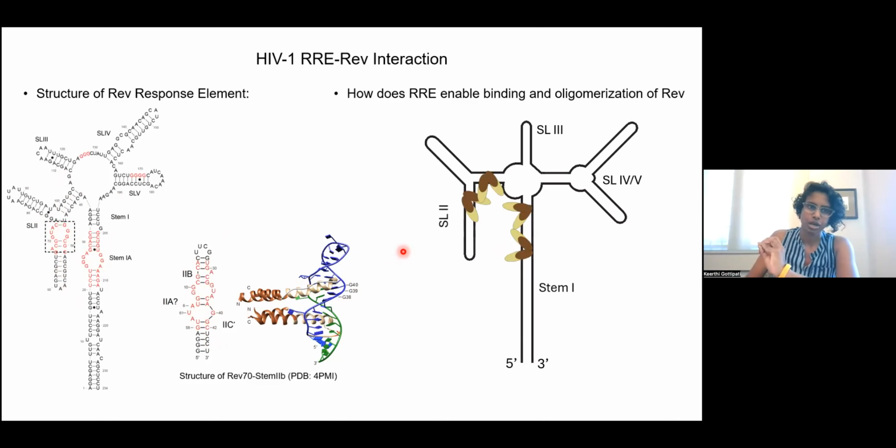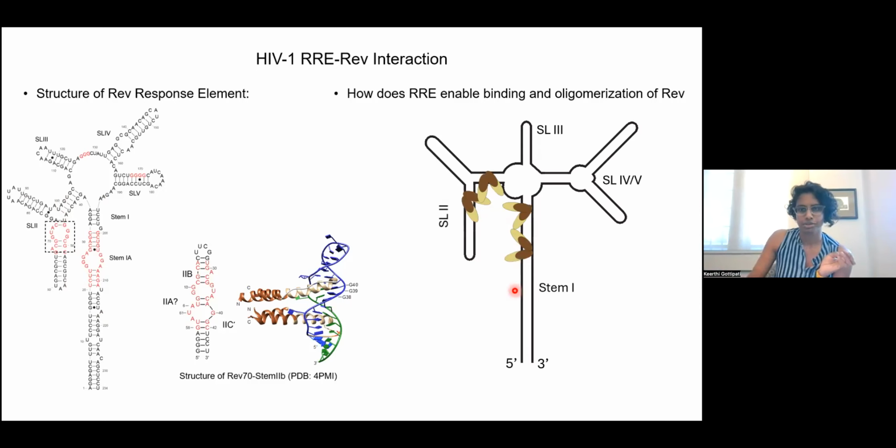We still do not know how Rev interacts with the rest of the RRE. We do not know how Rev binds and oligomerizes onto the RRE sequence itself. We know that the structure of RRE directs the oligomerization of Rev, and then its interaction with the nuclear export complex.